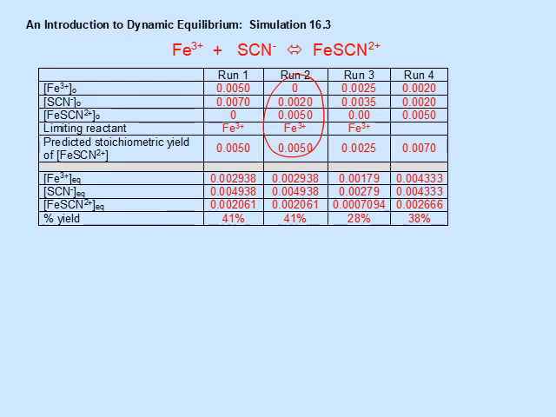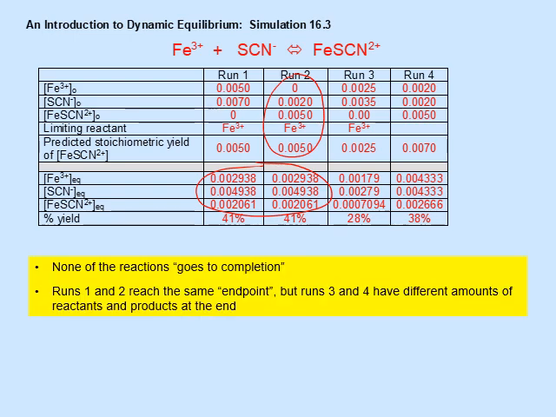We actually end up at the same equilibrium position as the first run. However, runs 3 and 4 ended up with different amounts of reactants and products at the end, and with different percent yields. Notice that none of these reactions go to completion.